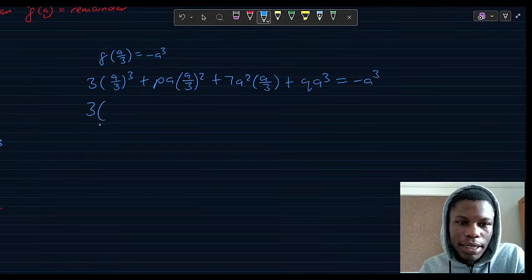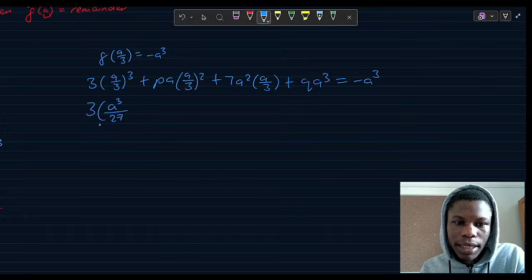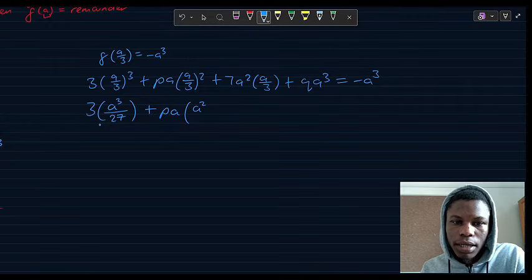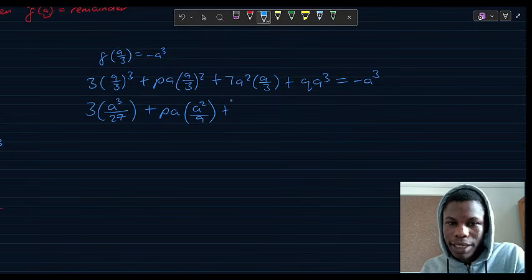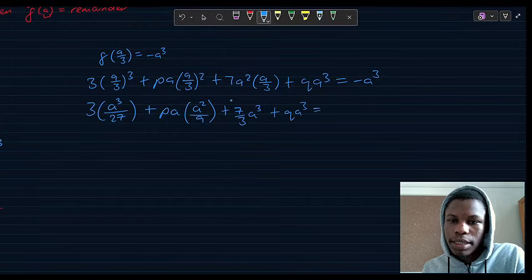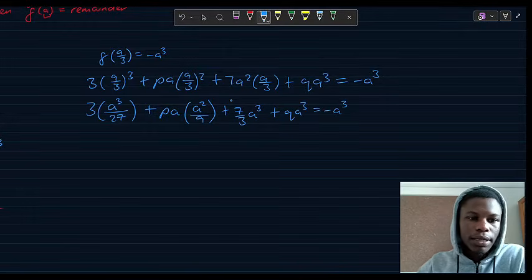So 3 times cube the a, that's a cubed, over cube the 3, that's 27, plus pa, square the a, that's a squared, over square the 3, that's 9. So I've got 7 being divided by 3, so 7 thirds, and then I've got a squared times a, so a cubed, plus qa cubed is equal to negative a cubed.